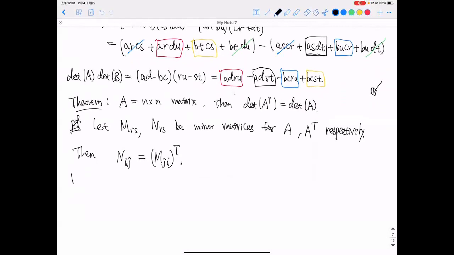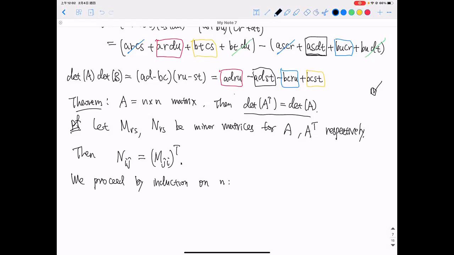Now we proceed by induction. We want to prove that the determinant of A transpose is the determinant of A. We prove by induction on the size n.